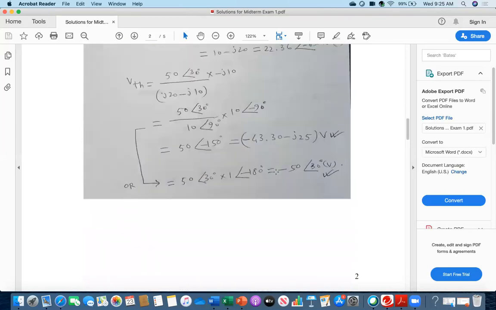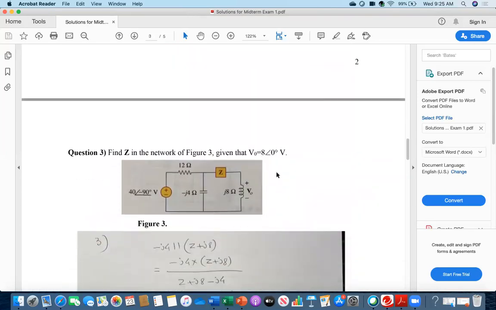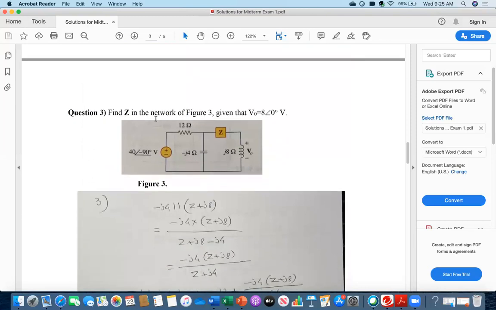Okay, so moving forward, this one: find J in the network of power 3, given that V0 is 8 at angle of 0 volt. So here there is a voltage source 40 angle minus 90, and then 12 ohm, minus J4. This is the element.